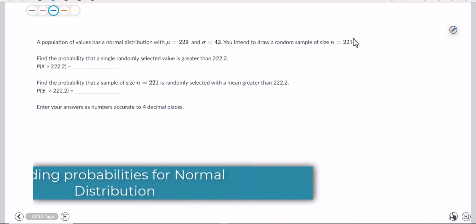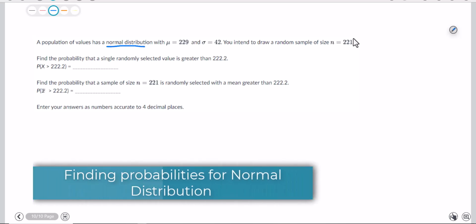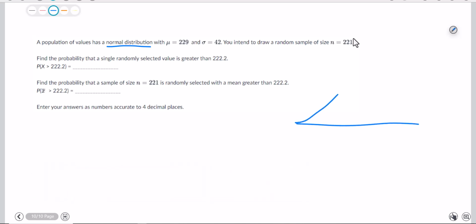All right, it says a population of values has a normal distribution with a mean of 229 and a standard deviation of 42. So you can see the population standard deviation is known, therefore we can use a z.